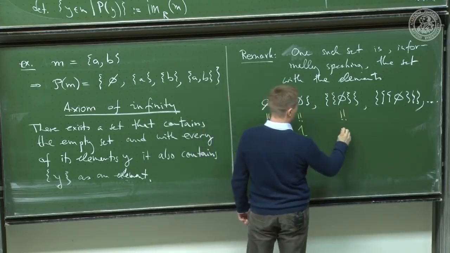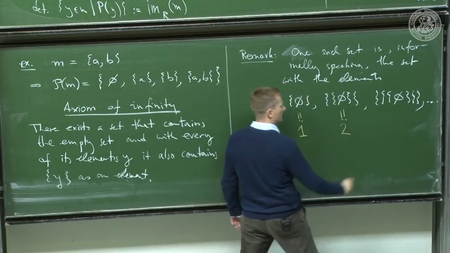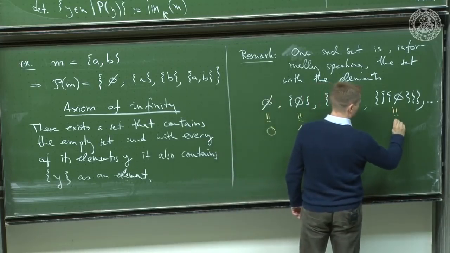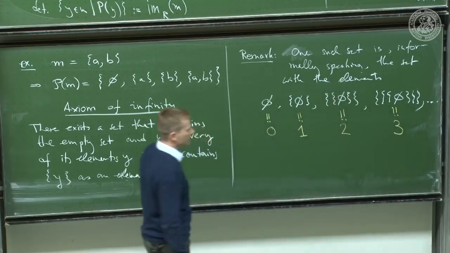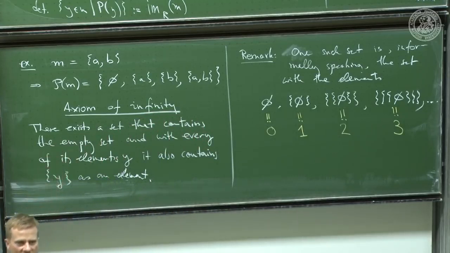For this set, we have a funny symbol that looks like that. For the next set, we write, ooh, yet another one like that, and I think you know what the next funny symbol is. So we invent trivial names for these sets. There are other sets whose existence is guaranteed by the axiom of infinity, but this is one particular one of those sets.